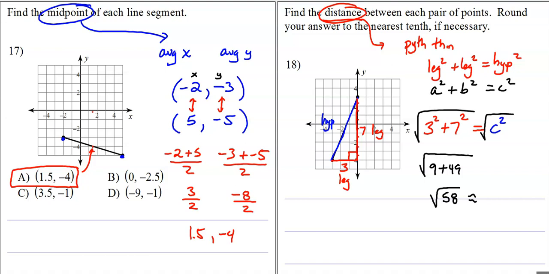I know 7 times 7 is 49, 8 times 8 is 64. So somewhere in the high 7s. Let's just punch it in and check it. Square root of 58, about 7.6. So 7.6 units for number 18. And it said to go to the nearest tenth, so that's why I only went 1 decimal place.